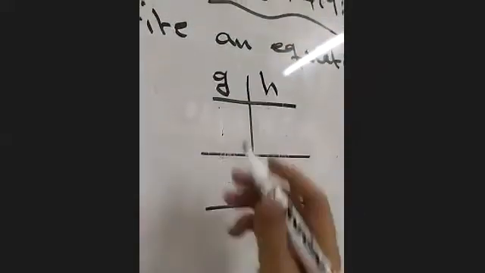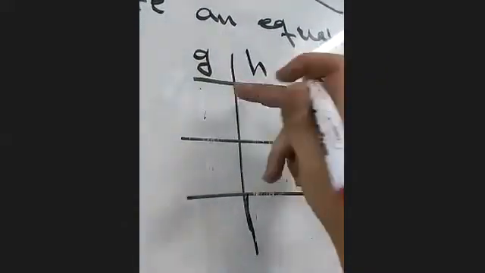G. So the independent variable is G and the dependent variable is H. So here we make a table and we put the first one G, the second one H. How many points do we have in the graph? 3 points. I will make 3 sections.